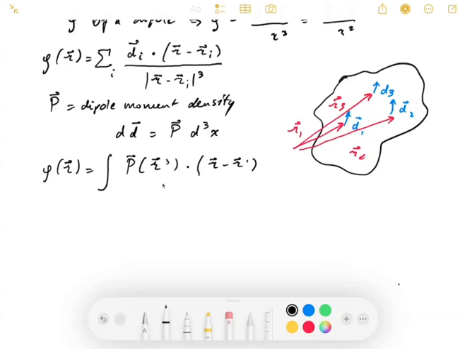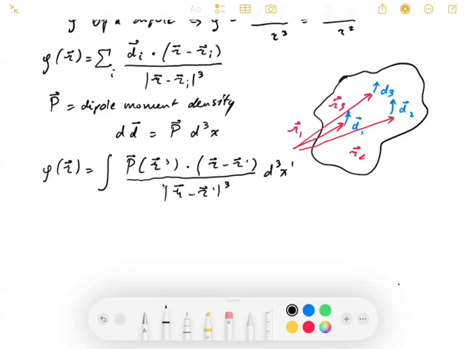So there's an r prime, but that ri became an r prime, right? You see that? And then in the numerator we have the same thing. We replace r with r prime. And the thing we're integrating over is the primed coordinate, so that's the d cubed x prime.